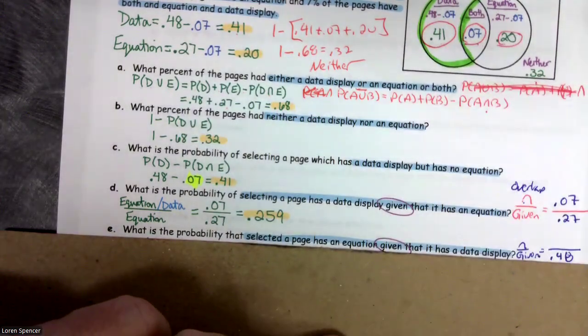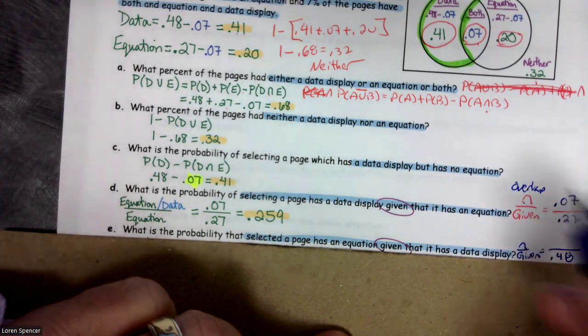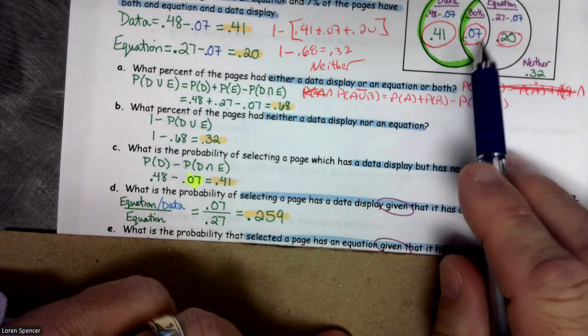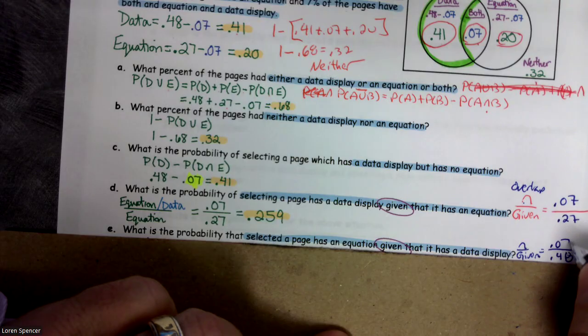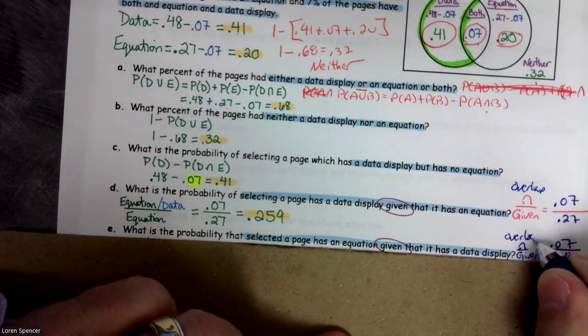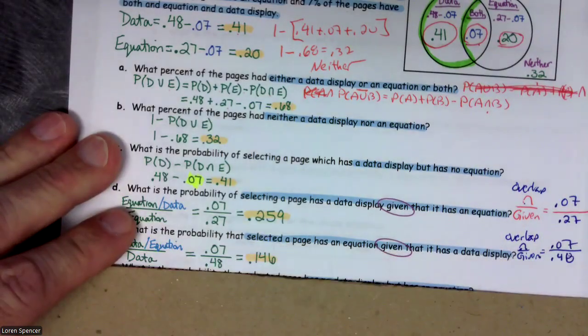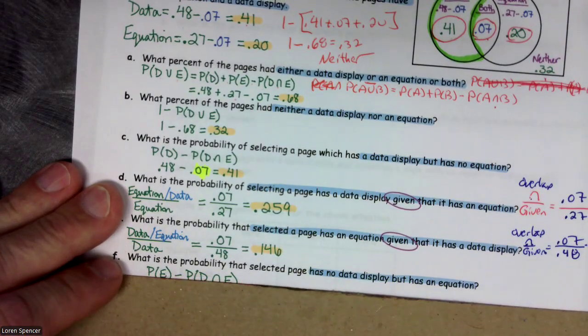But we need the whole data display. So the 48% have a data display. Of that 48%, which have both, because the both is where we have the equation, and that happens to be 0.07, because once again, we're looking for the overlap. The intersection also means overlap. It's where the two circles cross. So we end up with 0.07 divided by 0.48.